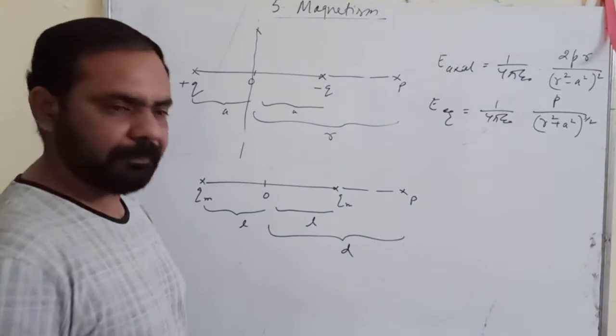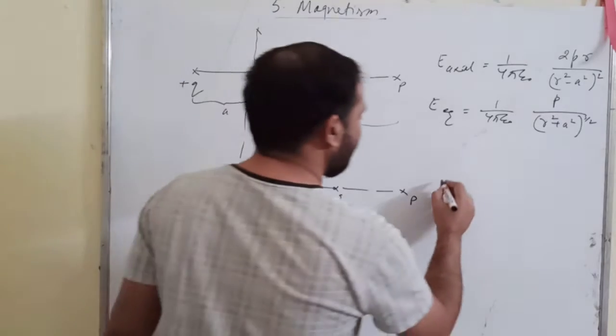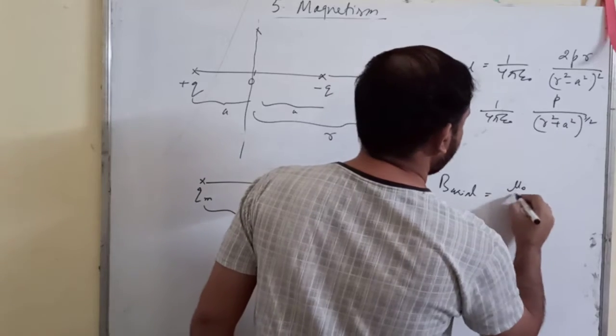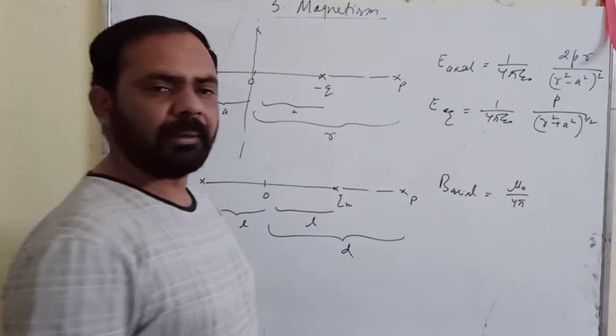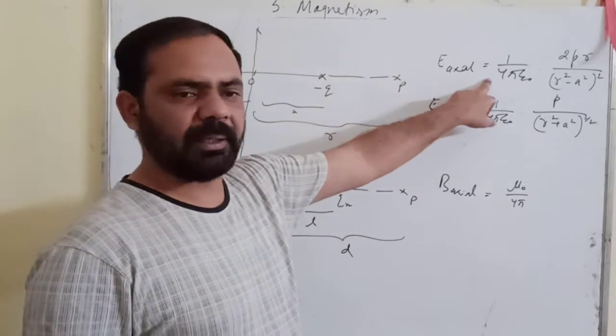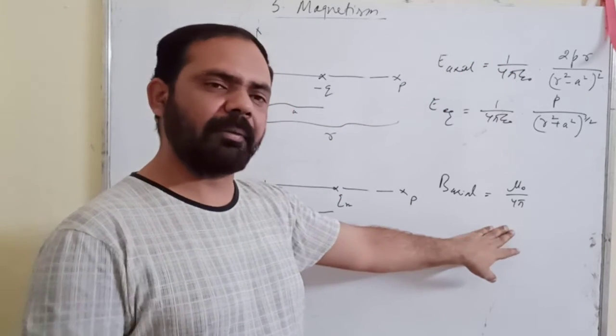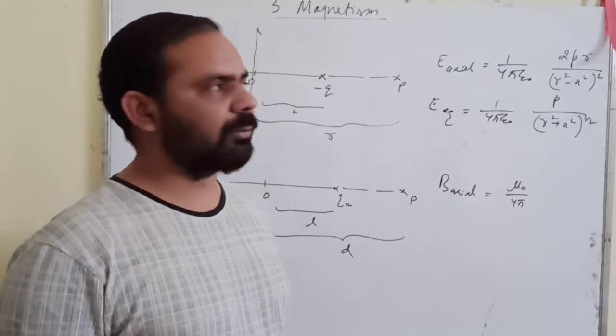it is d. Then your formula B axial will be equal to mu naught upon 4 pi. We already know that in electric field the constant is 1 upon 4 pi epsilon naught; in magnetic field the constant is mu naught upon 4 pi.